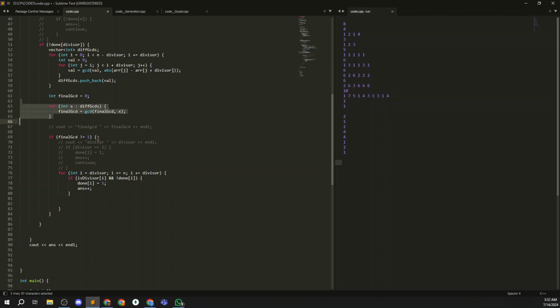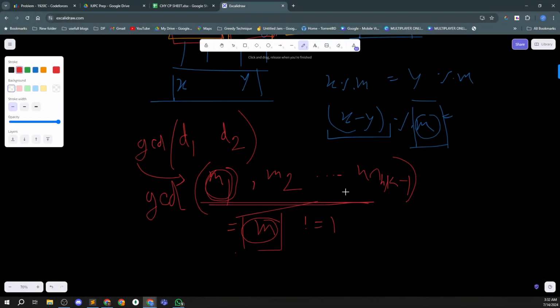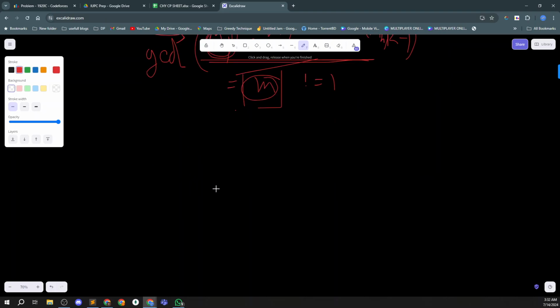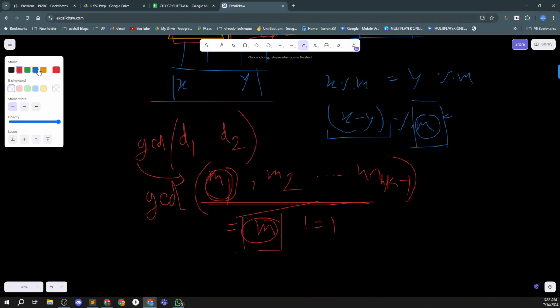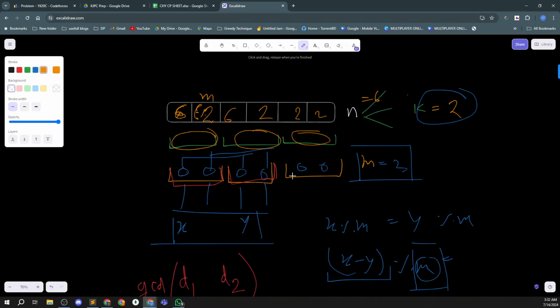And if it is not equal to 1, oh, here there is another thing to explain. For example, I've got a possible m for a particular divisor k equal to 2. Then we are sure that for k equal to 2, the subarrays are identical.